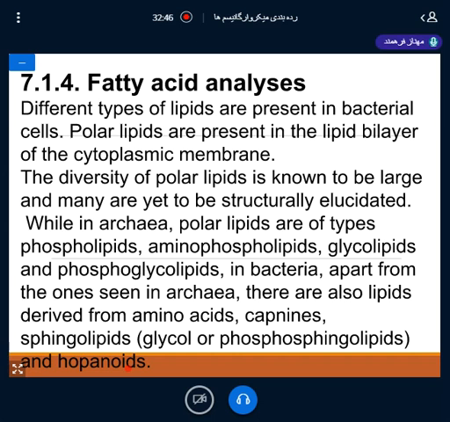So in bacteria, we have phospholipids. In bacteria and archaea, this type of fatty acid is common, but we can see a variation and some differences between bacterial fatty acids and archaeal fatty acids.